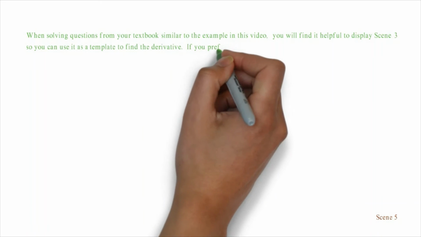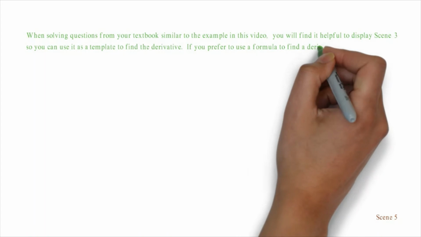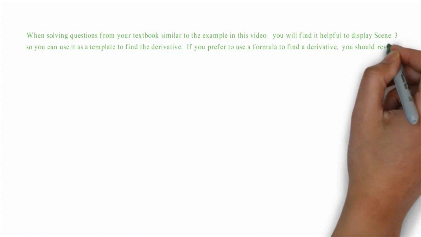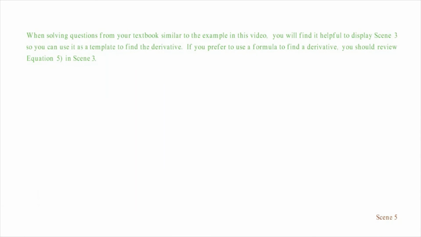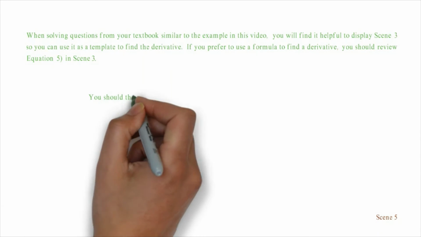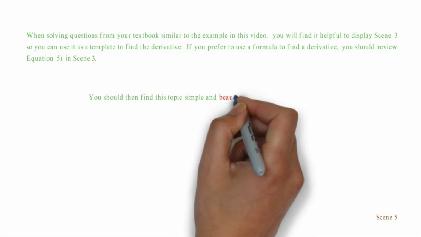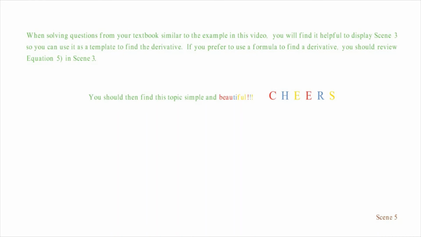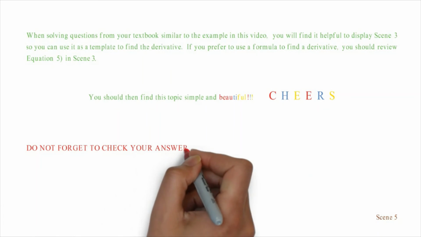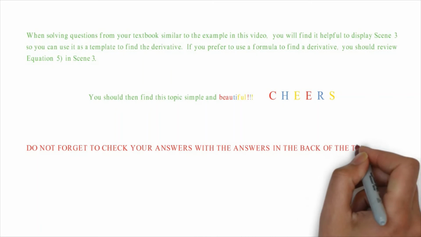If you prefer to use a formula to find a derivative, you should review equation 5 in scene 3. You should then find this topic simple and beautiful. Cheers! Do not forget to check your answers with the answers in the back of the textbook.